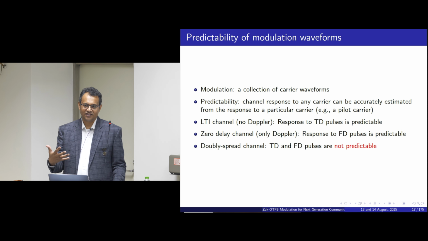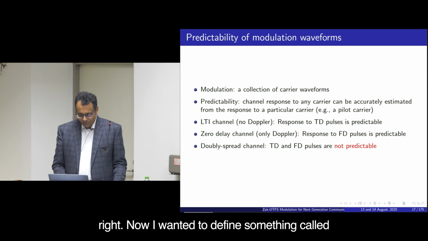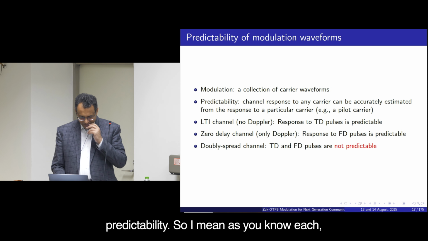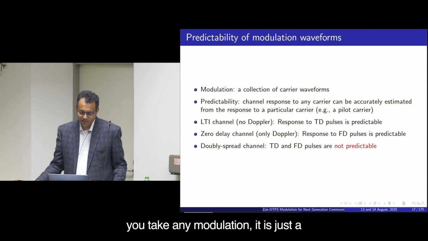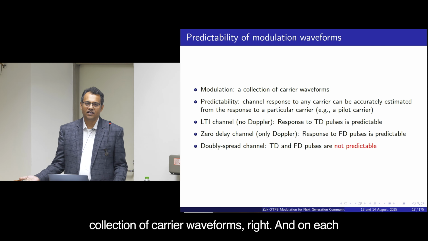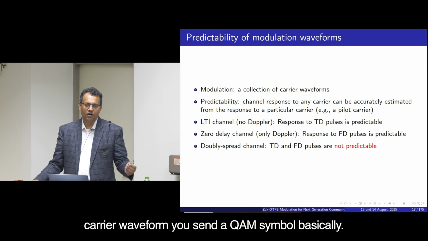Only then can I separate all these reflectors, right. Now, I wanted to define something called predictability. As you know, any modulation is just a collection of carrier waveforms, and on each carrier waveform you send a QAM symbol.